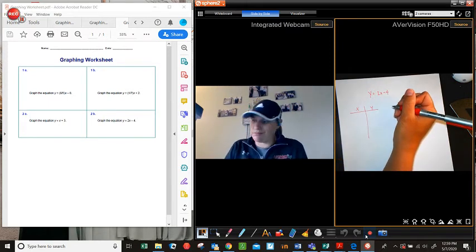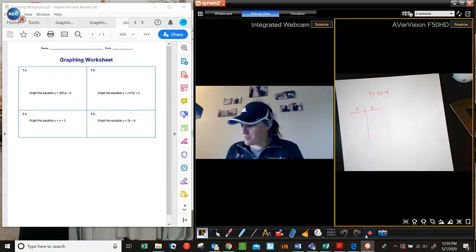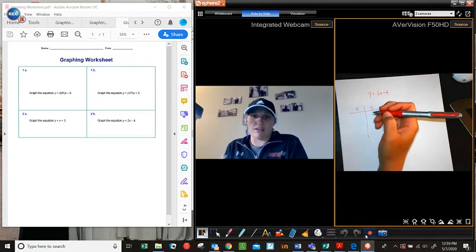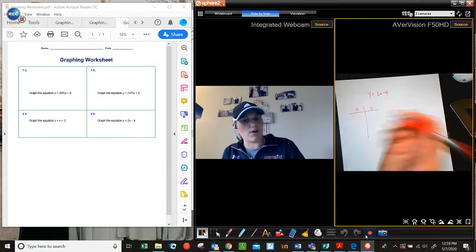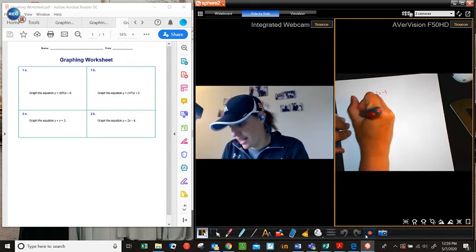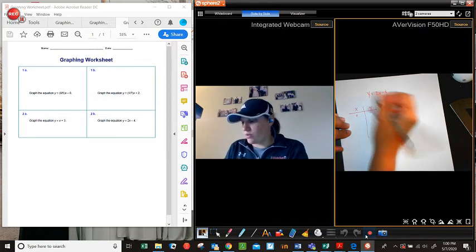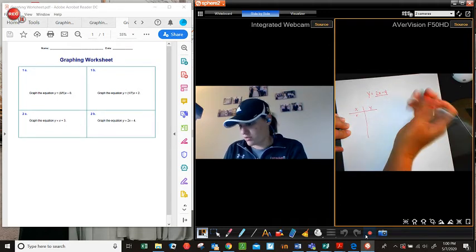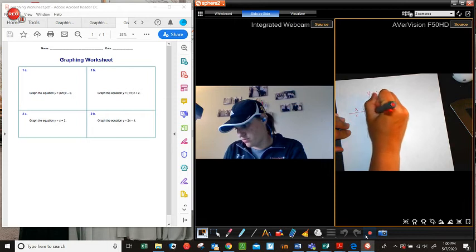Why do they call it a t-chart? It looks like a T. All right, our next line, we're going to identify what our pieces of the table mean. What does the x mean? What does the y mean? Well, x is just x. And the y, look at this, the y equals 2x minus 4. So we have 2x minus 4.